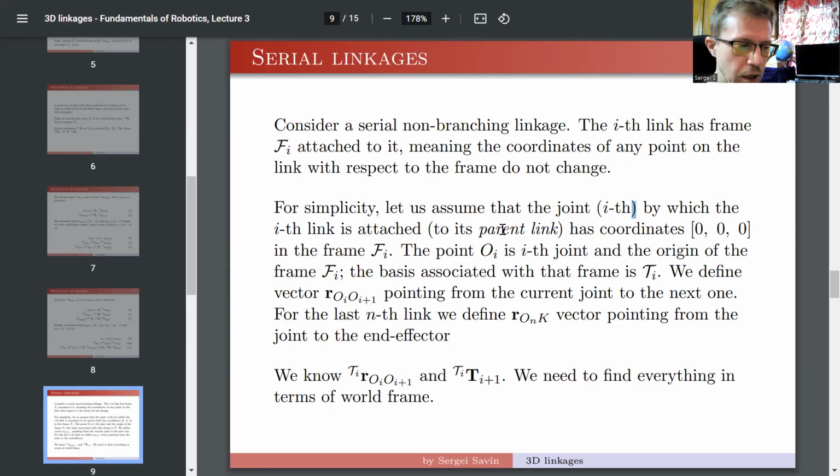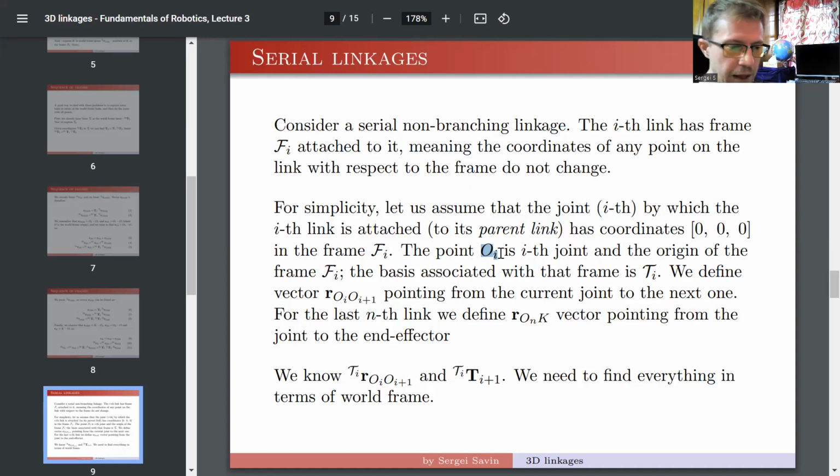It doesn't have to be, it changes almost nothing. We're just trying to be simple here. So point Oi is a joint, and at the same time the origin of the frame Fi associated with this link, and the basis of Fi is Ti. So Ti is a basis, Fi is a frame.